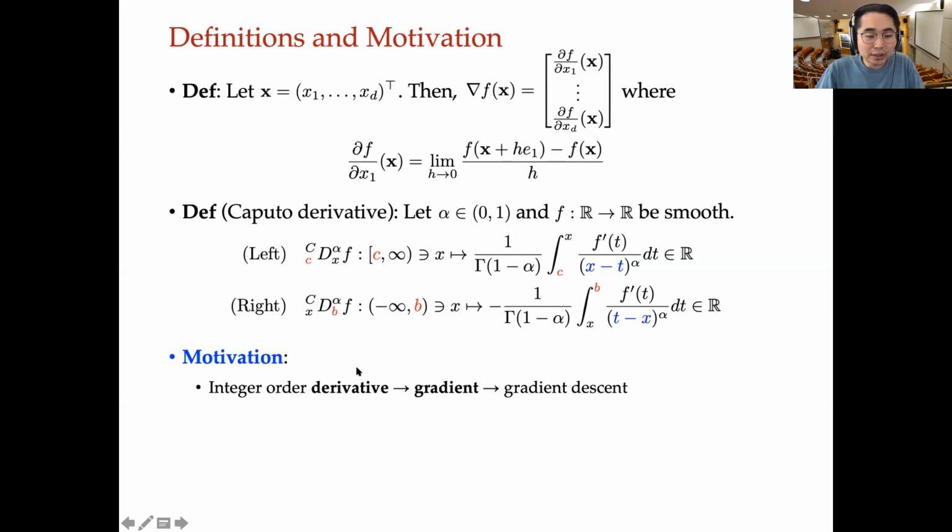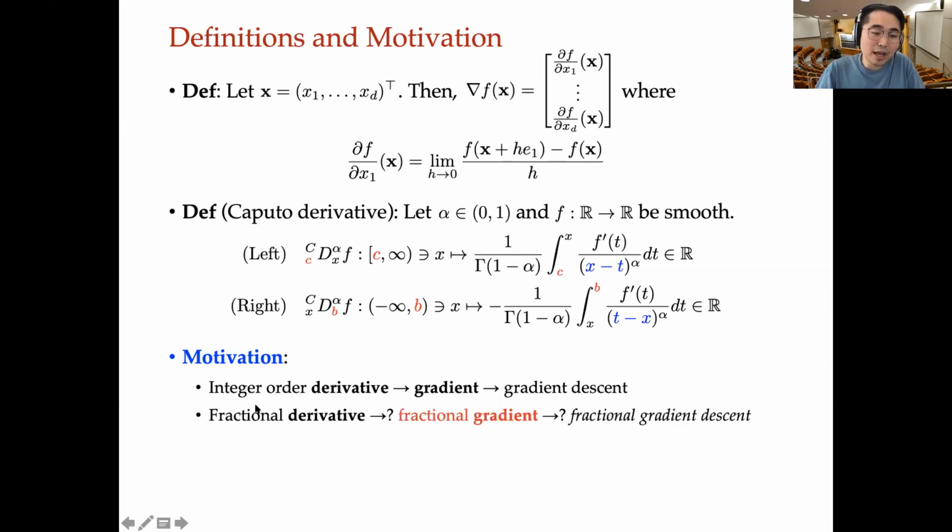And the motivation is the following. We have the integer order derivative, from which we get the gradient, and we can get gradient descent. Then naturally, we have the fractional derivative. If we can somehow define a fractional gradient, then we can use fractional gradient descent. This is a naive motivation.